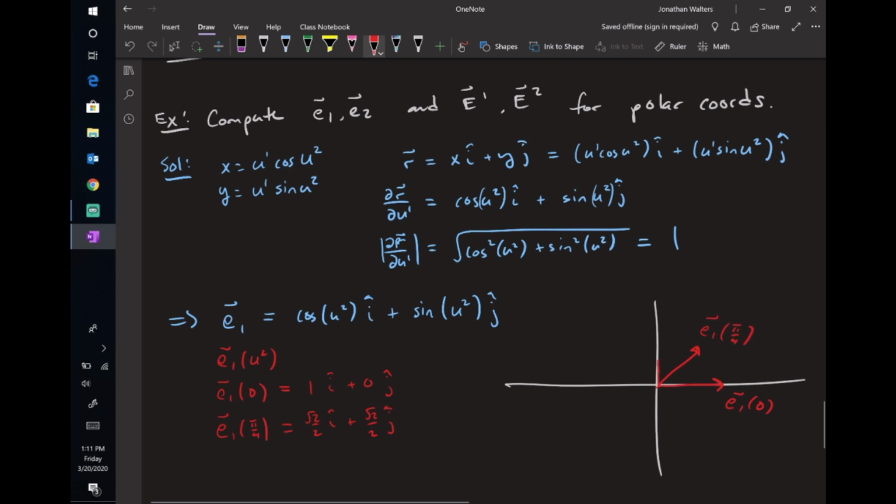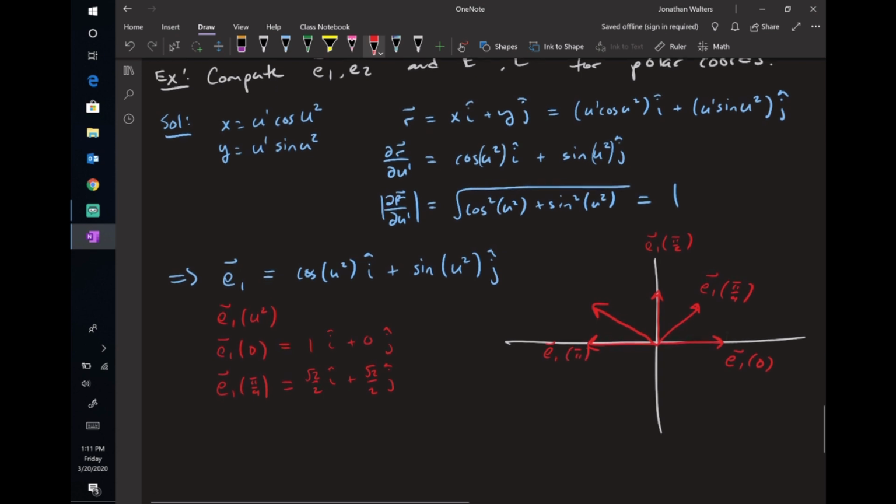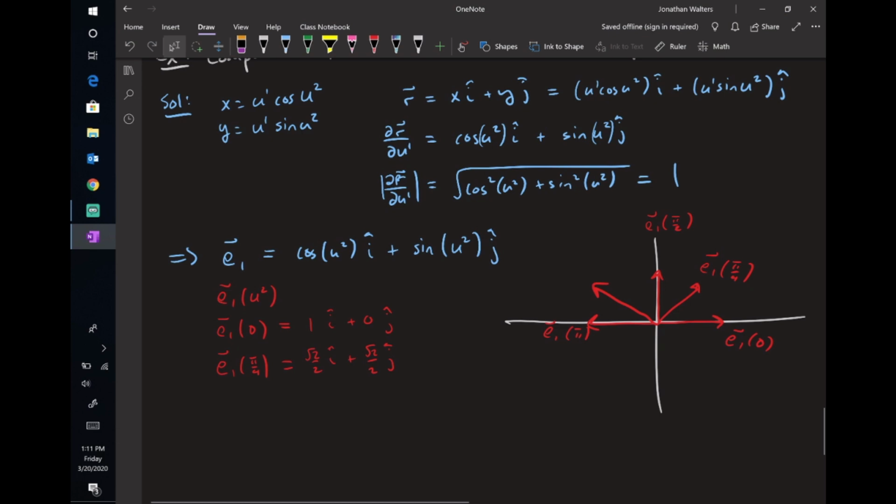And you get the idea, it's always tangent to the radial direction. So E1 of pi over 2, E1 of pi, etc. So that's the idea. That's our radial basis vectors for polar coordinates. So that's our new basis vector.